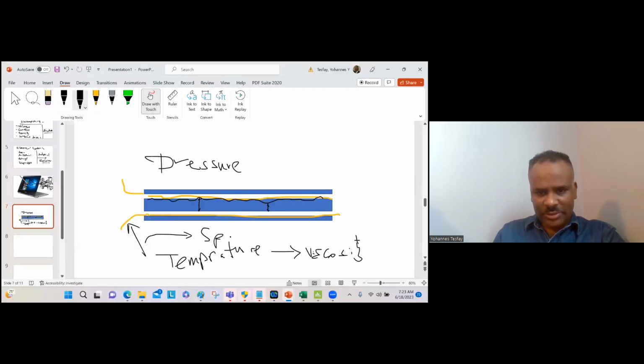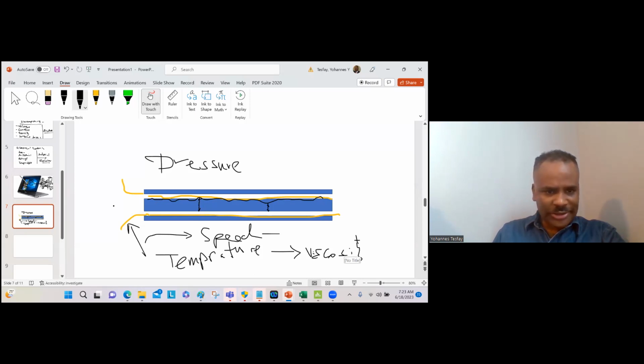Viscosity, speed, and also this height. Okay, this height is not actually something constant.